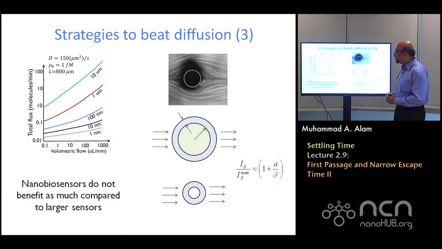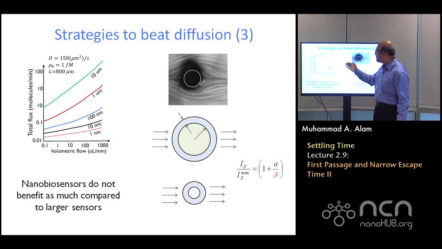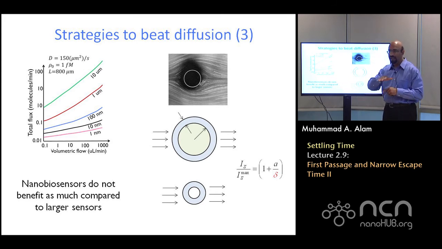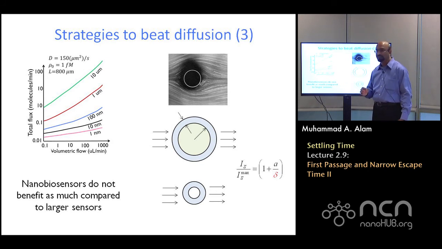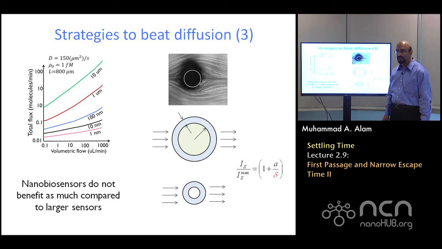One strategy that didn't work so well was the strategy about fluid flow. If we put things in a channel and allowed the fluid to flow quickly, we saw that if the sensor is very small, nanoscale, let's say a nanotube of 1 nanometer diameter, then the total flux enhancement is not significant. The reason is explained in this picture. It's a real picture where aluminum particles have been used to trace the flow lines, and this is the cylinder sitting within the flow.